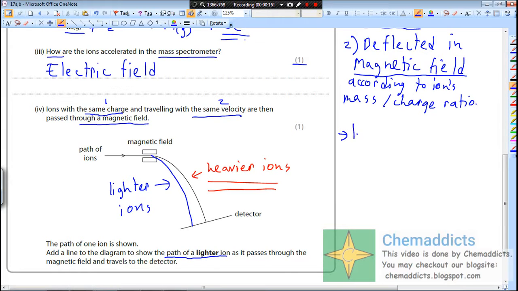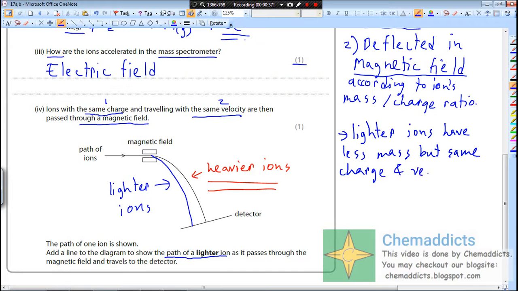So in here, lighter ions, as we all know, lighter ions have less mass, but the same charge and velocity.